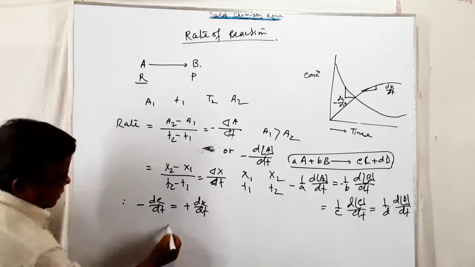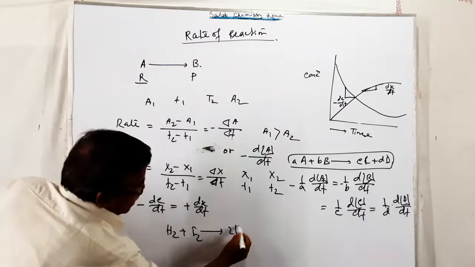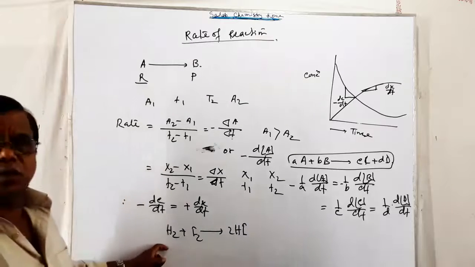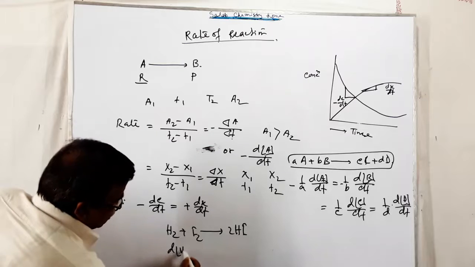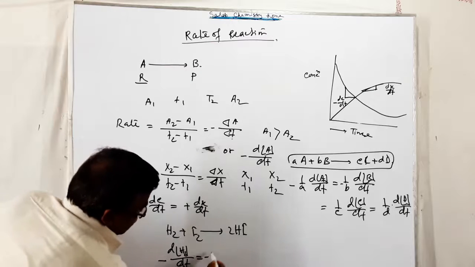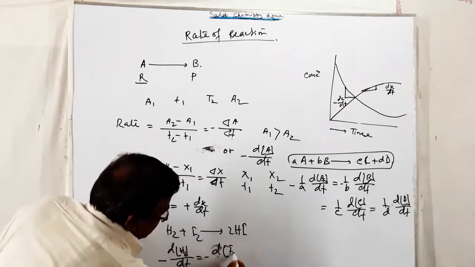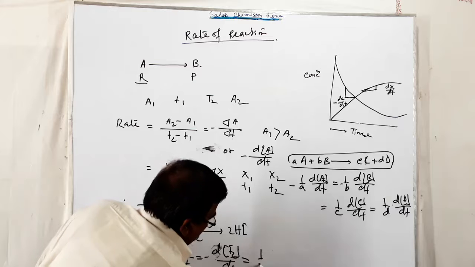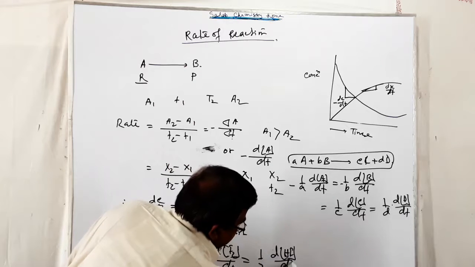If we consider hydrogen and iodine reacting together to form hydroiodic acid, in this special reaction the rate of the reaction is: the molar concentration of hydrogen divided by dt is equal to the molar concentration of I2 divided by dt, is equal to 1 by 2 molar concentration of hydrogen iodide divided by dt.